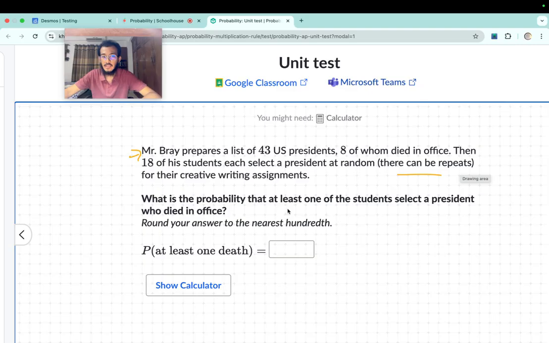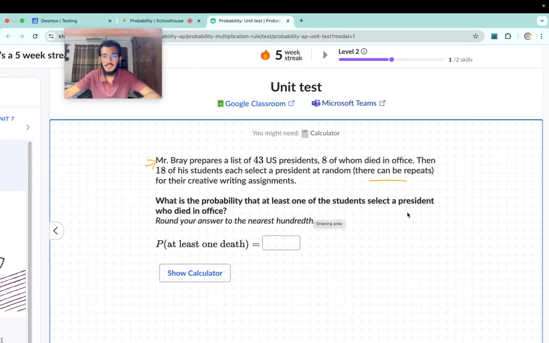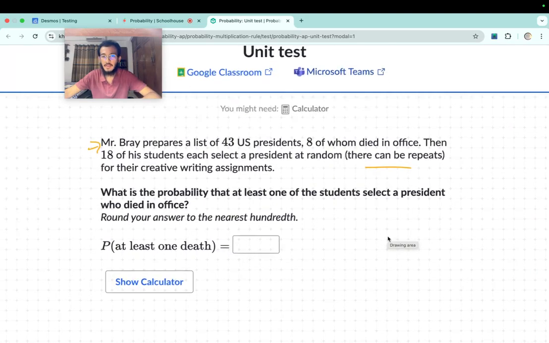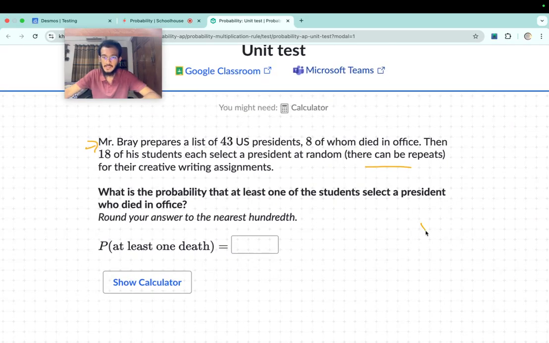This question resembles that of a binomial distribution, where you have an experiment with a success. We represent that with x, and here our success is selecting a president who died in office.